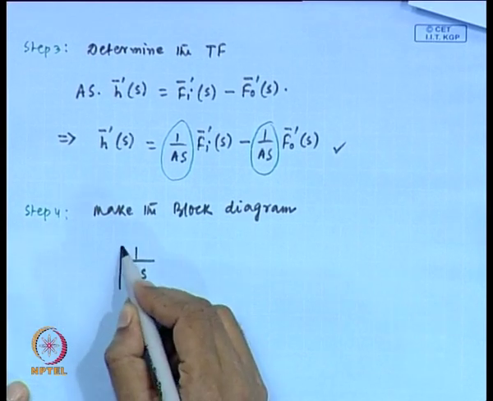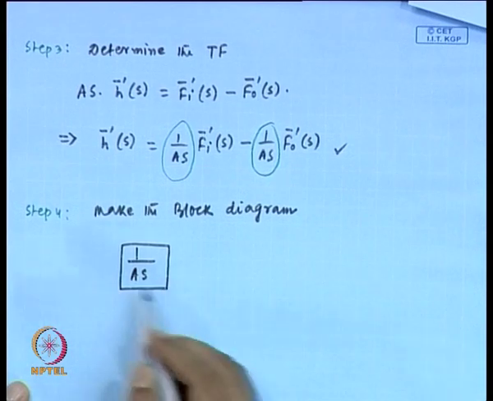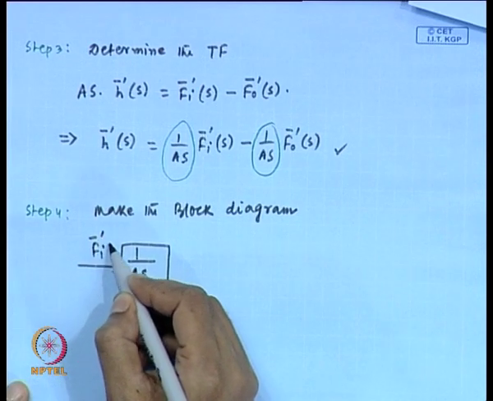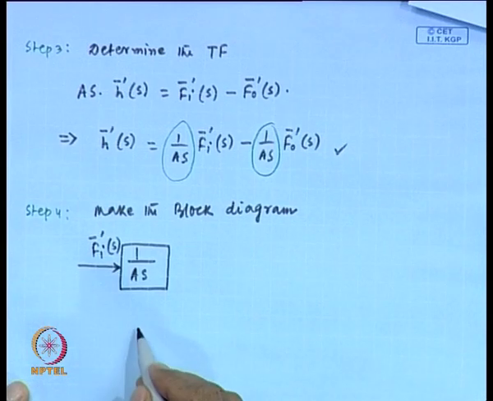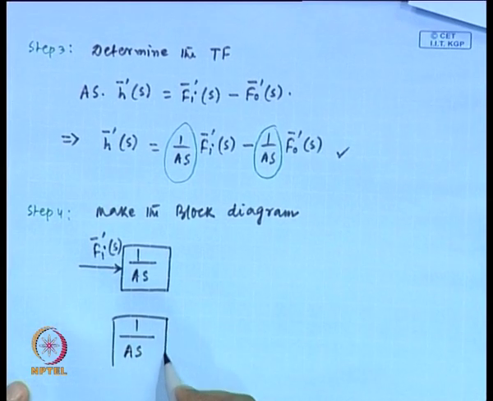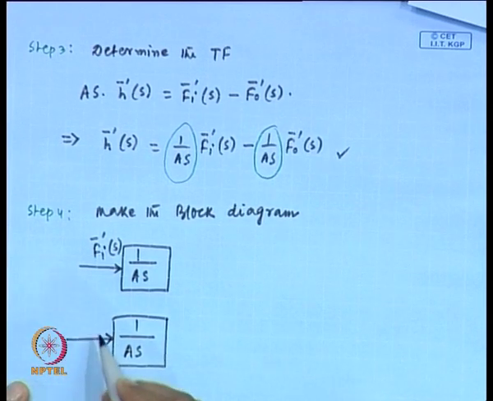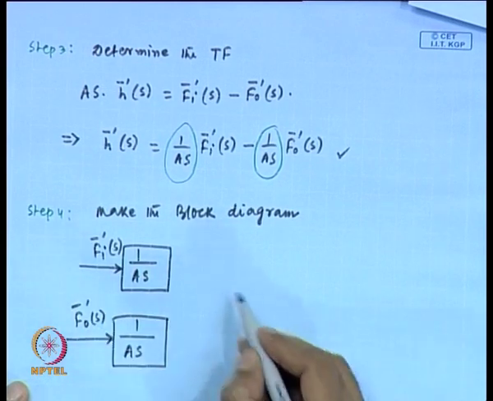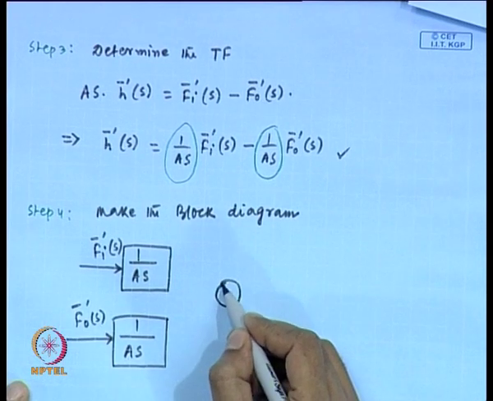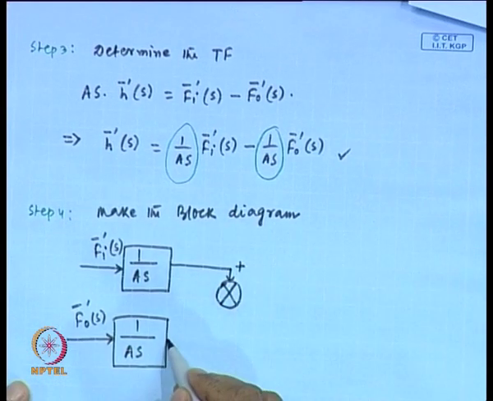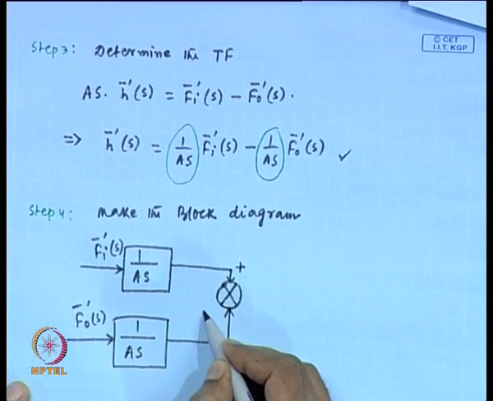1 by A s, input to this block is f_I bar prime(s), another transfer function is 1 by A s, input is f_0 bar prime(s), so we will use here positive sign and here negative sign.